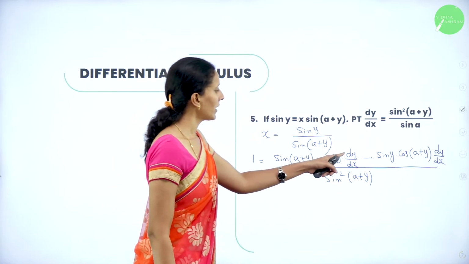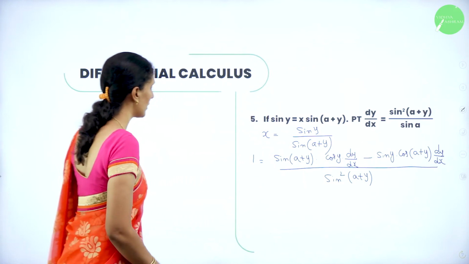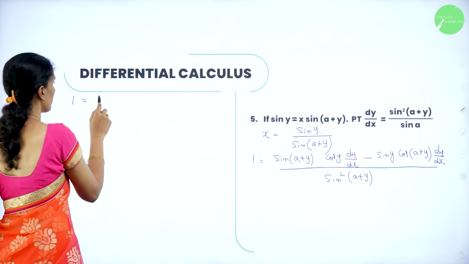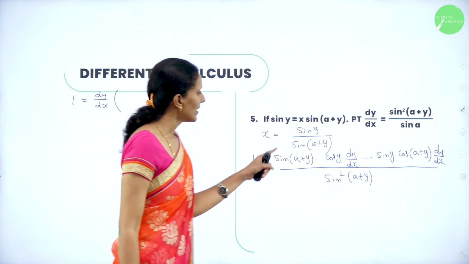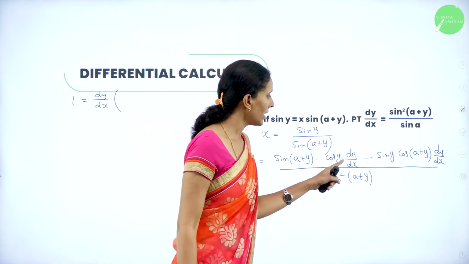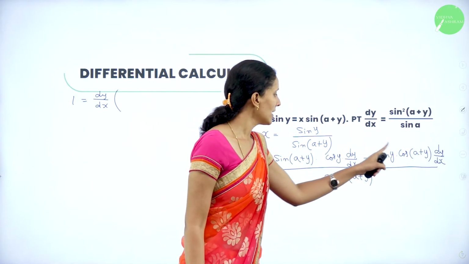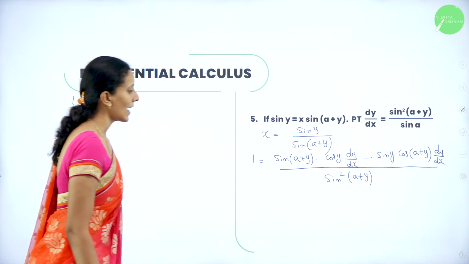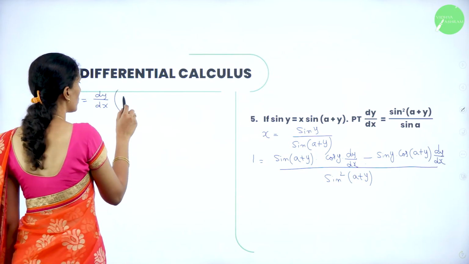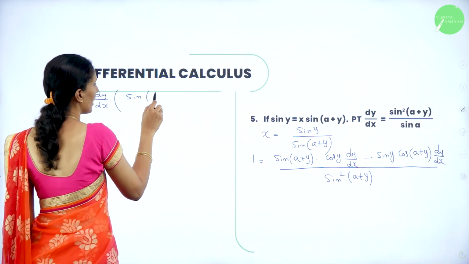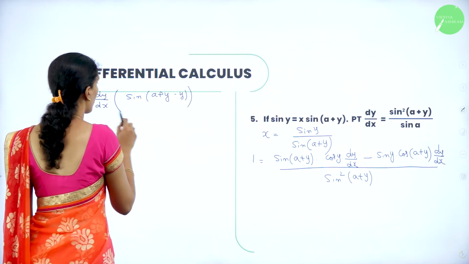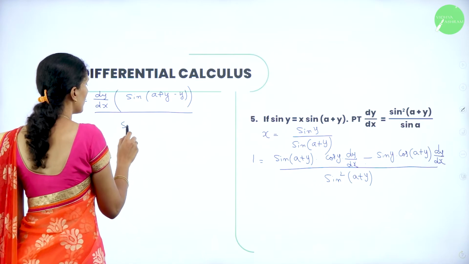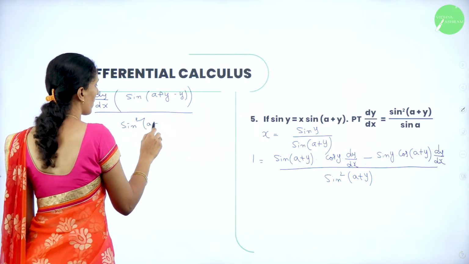Now here if you take dy/dx as a common factor, the numerator is in the form of sin a cos b minus cos a sin b, which is sin(a - b). So it is sin(a - b) whole divided by sin square (a + y).